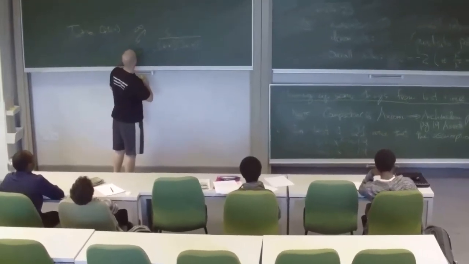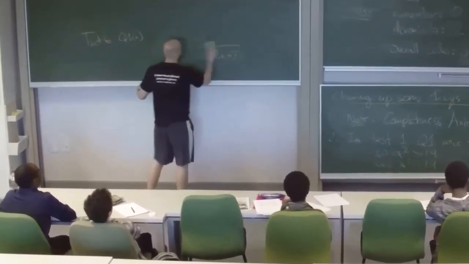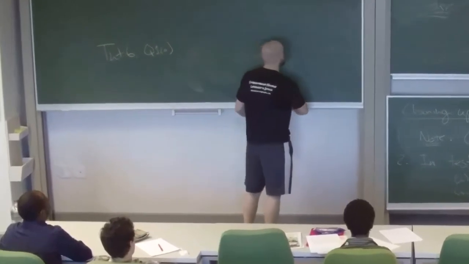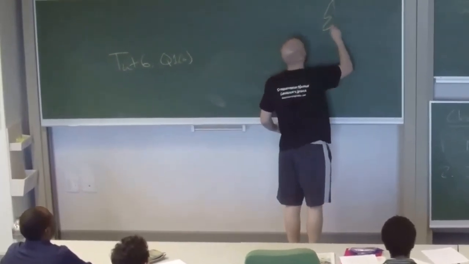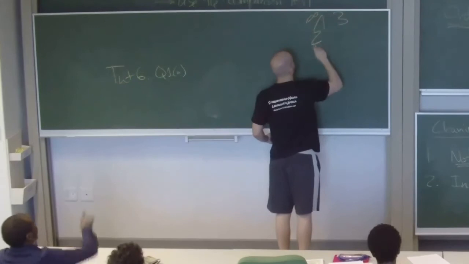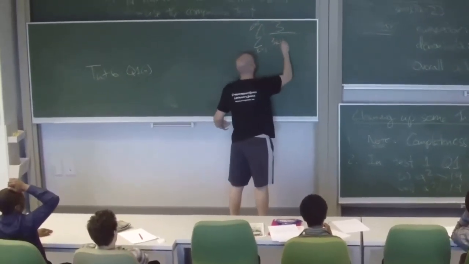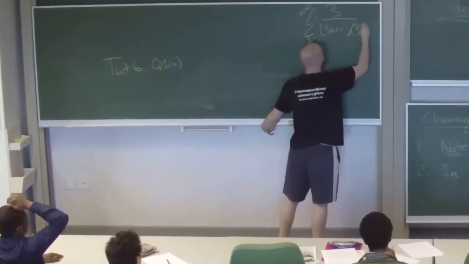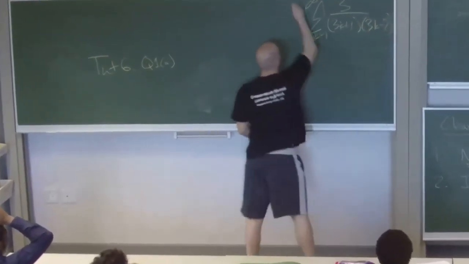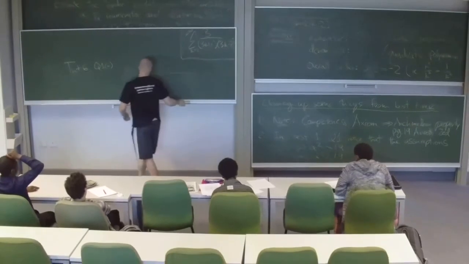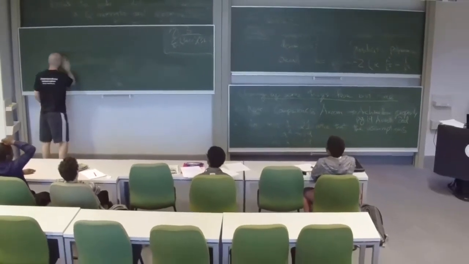Maybe I can put this up in the corner. Just to remember, the problem we're working on is the sum from k equals 1 up to infinity of 1 over (3k plus 1)(3k minus 2). So what does this teach us?